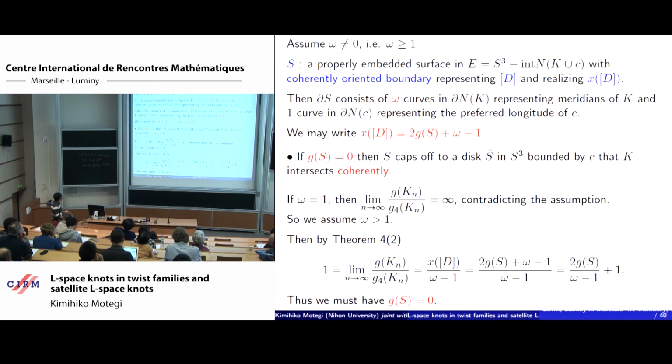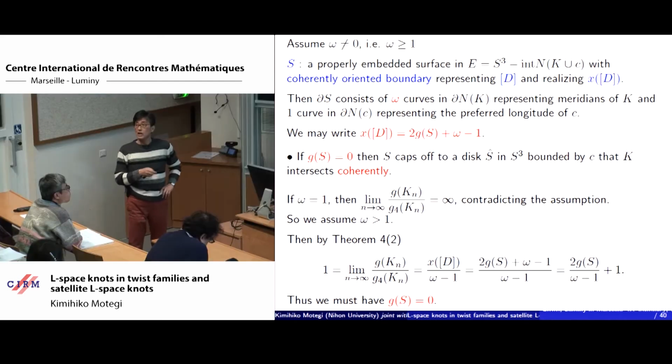Then the previous theorem says the limit of the ratio of the Seifert genus to the slice genus equals the Thurston norm of D over omega minus 1. And this Thurston norm can be written as this. So we replace this by this one to obtain this one. So twice the genus of S plus omega minus 1. And it may be simplified to this.